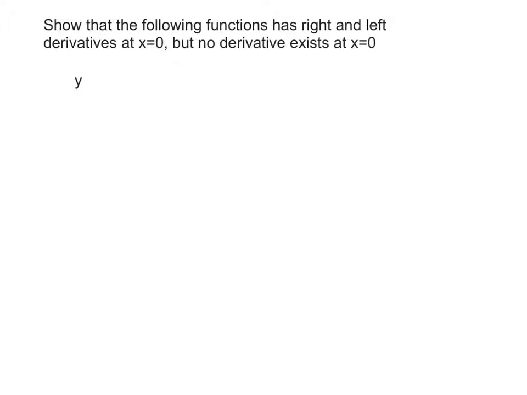So I've got negative 0 plus h minus 0 all over h. The limit as h approaches 0, what do I have? Negative h over h, which is equal to negative 1. The derivative, as I come in from the left-hand side of this function, is equal to negative 1.